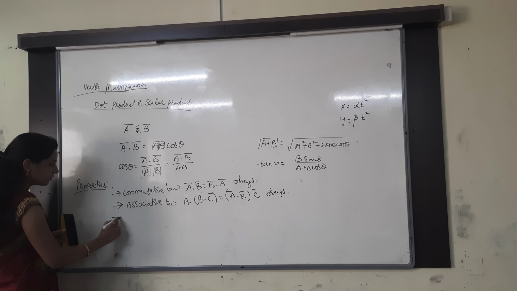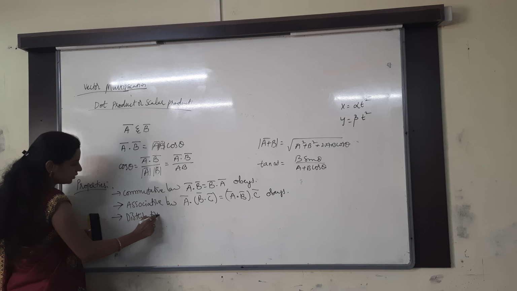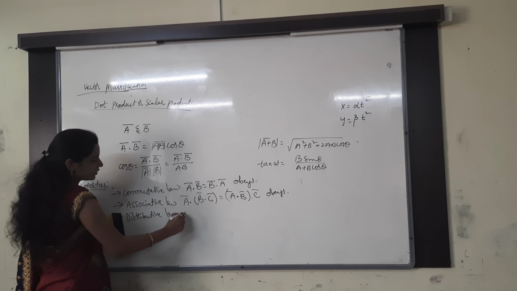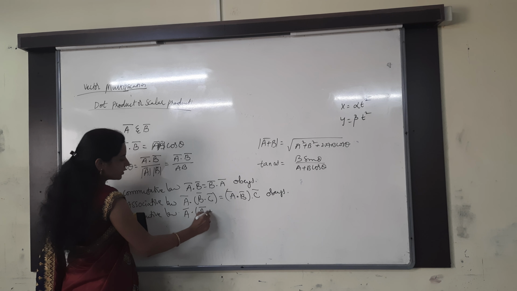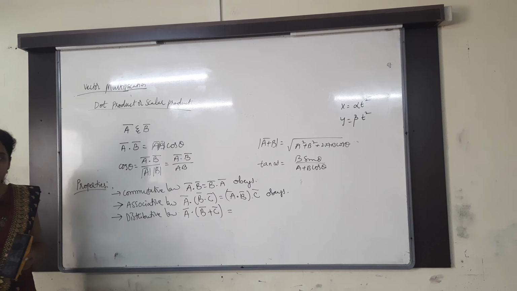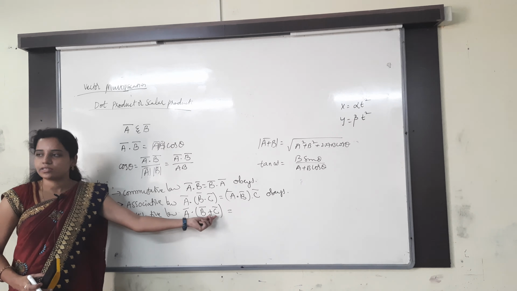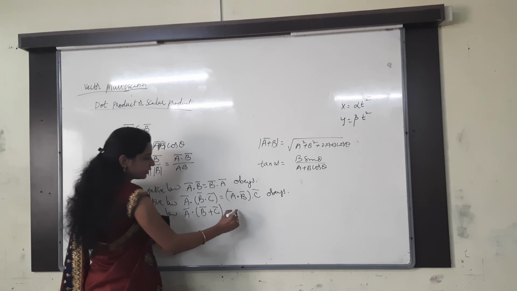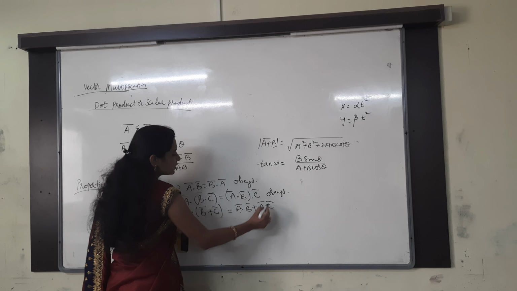Then next is the distributive law. For example, if I take a bar dot b bar plus c bar, what is the answer I will get? You have to distribute a to b and then c, so we get a bar dot b bar plus a bar dot c bar.